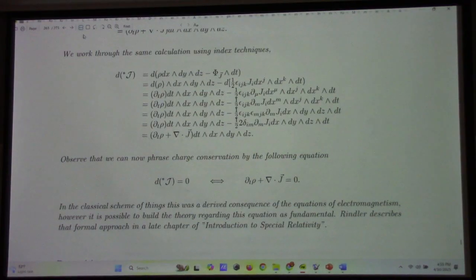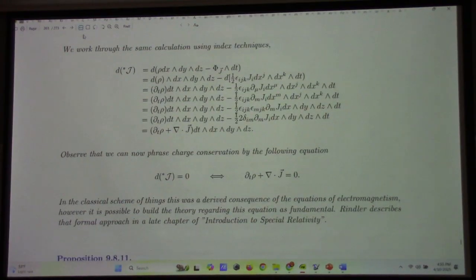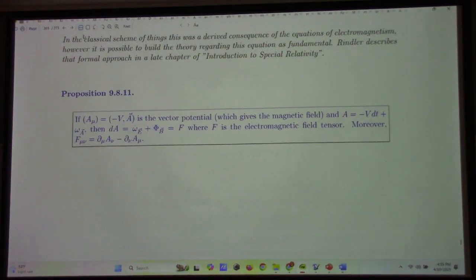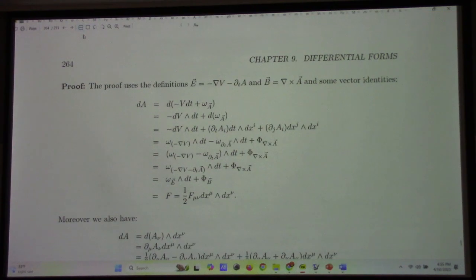So I personally found this very exciting as an undergraduate because I just thought it was really neat that you can rewrite 4 of Maxwell's equations simply as 2 tensorial equations like this. And here's my calculation of dA in the notes.